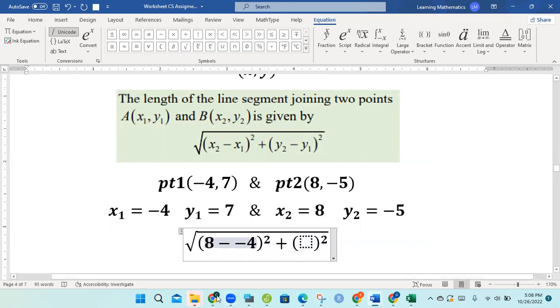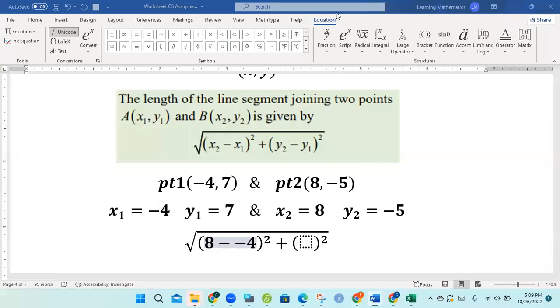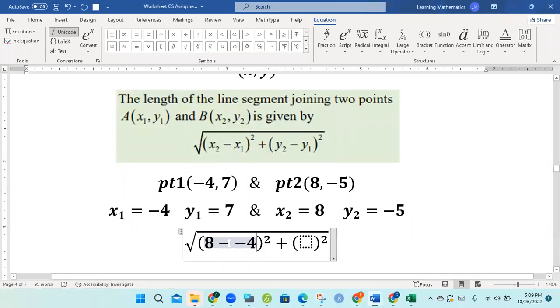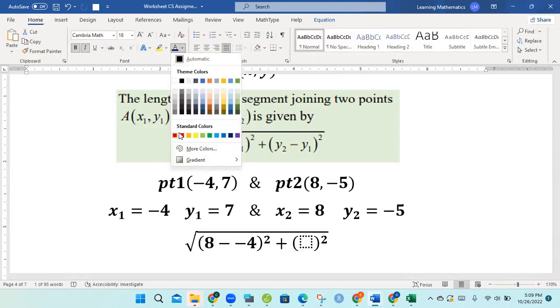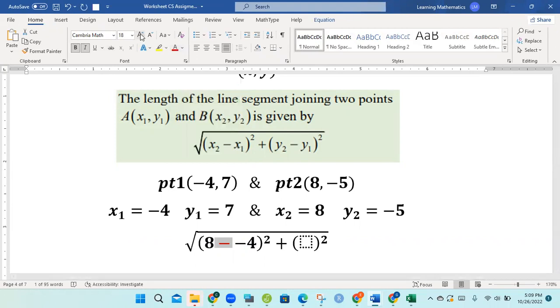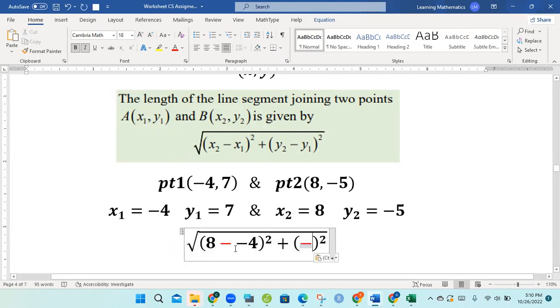All right, pause a little bit and contemplate on this. So we have to be very careful here. The formula comes with a negative sign. So what we can do, we can color code the negative sign that's in the formula, and it also will be here in this bracket. So this negative sign is from the formula.